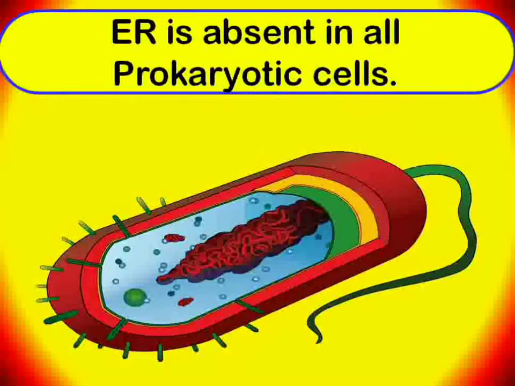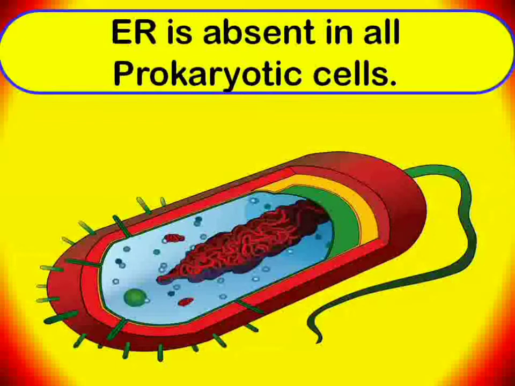But in case of prokaryotic cells, endoplasmic reticulum is absent. Prokaryotic cells means, here pro means before, karyo means nucleus. So prokaryotic cells means the cells which exist before the nucleus. Otherwise we can say the cells in which the nuclear envelope is absent. Of course, the nuclear material is present but the nuclear envelope is absent.